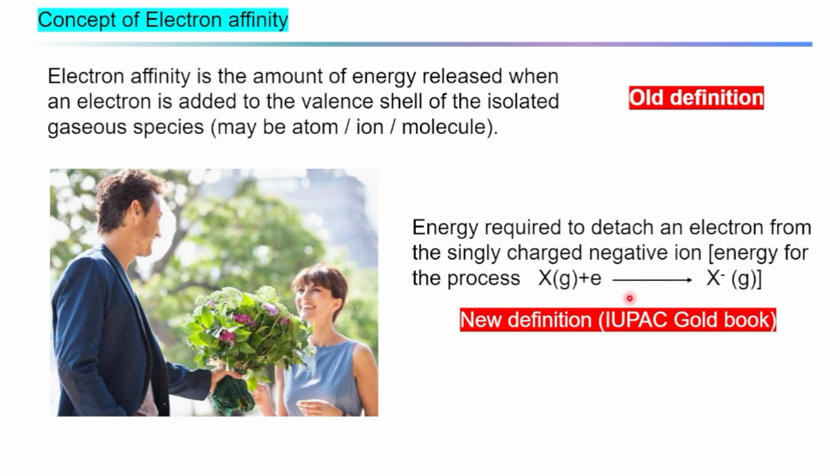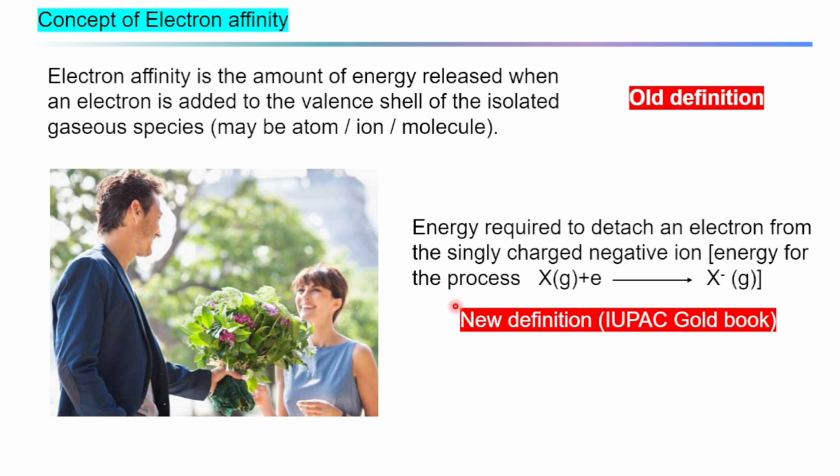The same thing: you are adding an electron to the atom, or you are detaching an electron from the singly charged negative ion. So already you have added the electron to the atom, now you are detaching that extra electron. It is just two different ways to look at the same incident.